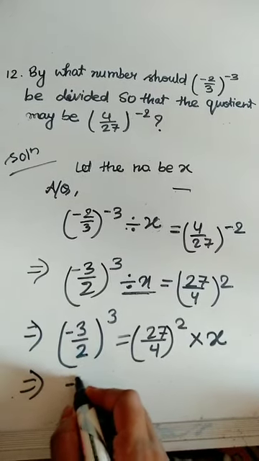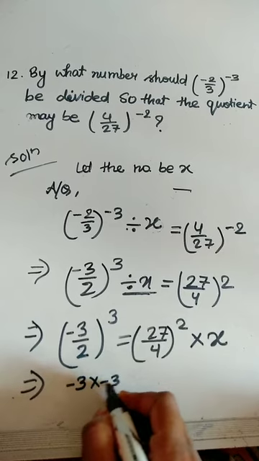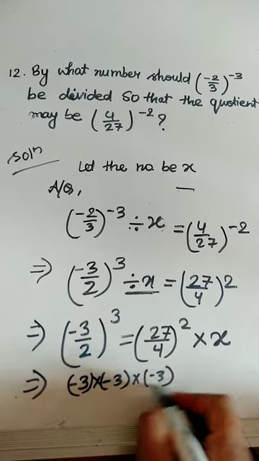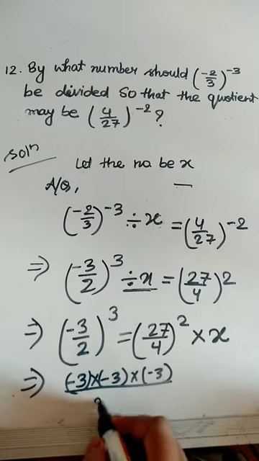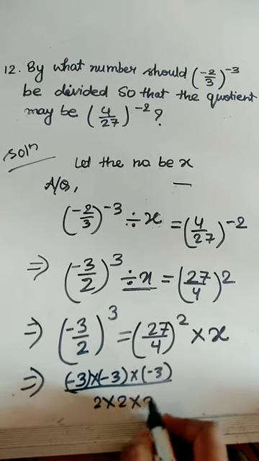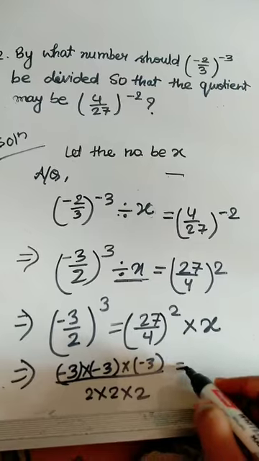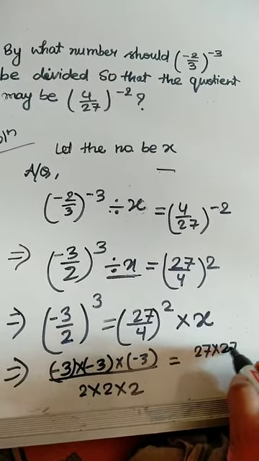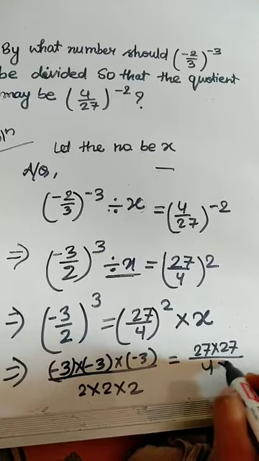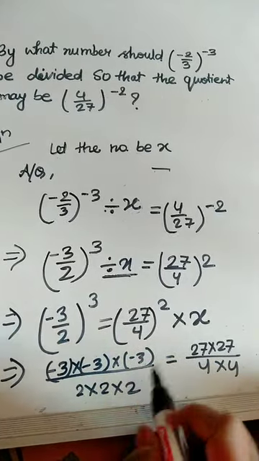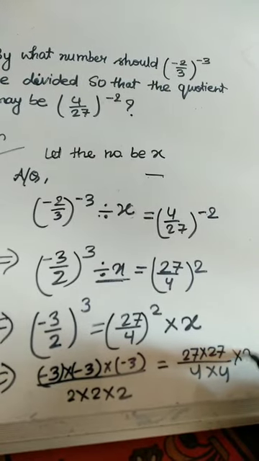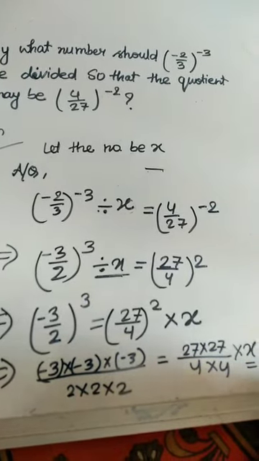After that we can write this one as (-3/2)^3. That means (-3) × (-3) × (-3) divided by 2 × 2 × 2 is equal to (27 × 27) divided by (4 × 4), because (27/4)^2 is there, into x, and we have to find the value of this x.